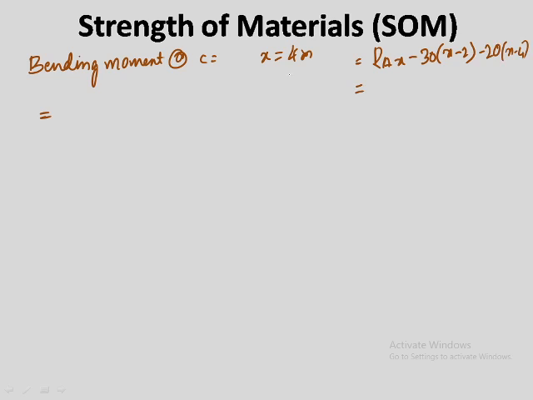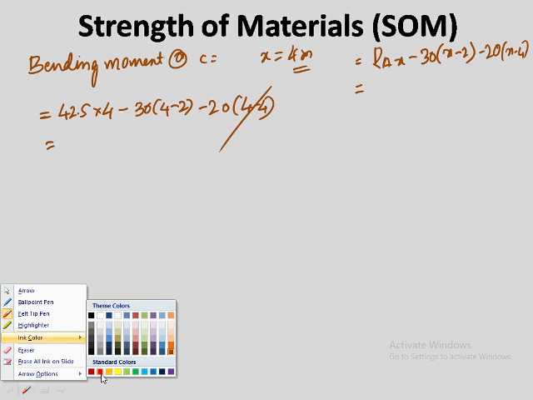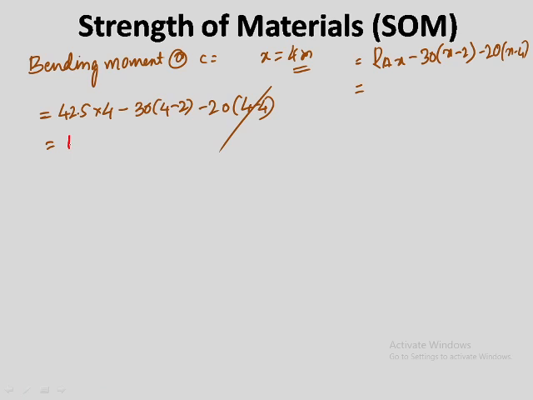Now let us substitute x equal to 4 meter. RA is 42.5, into 4, minus 30 into 4 minus 2, minus 20 into 4 minus 4. Now this term will get cancelled. How much do you get? 110 kilonewton meter.